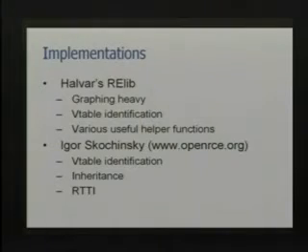So some different implementations. Halvar released a library in Python. I think it's called relib. I think there's 5 files in there. Most of it's about graphing, splitting up different functions, disassembly to display. There's a little bit of stuff in there for vtable identification.